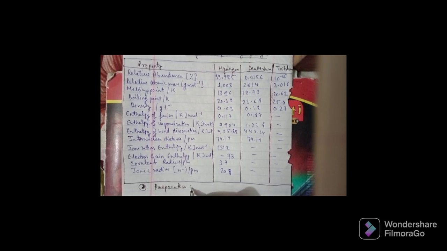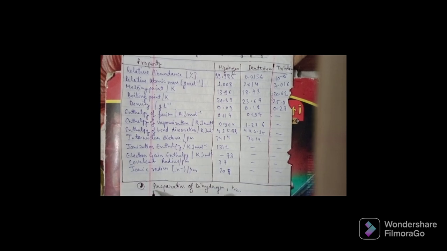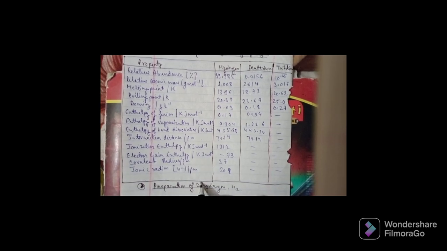Preparation of dihydrogen, which is H2. There are a number of methods for preparing dihydrogen from metals and metal hydrides.